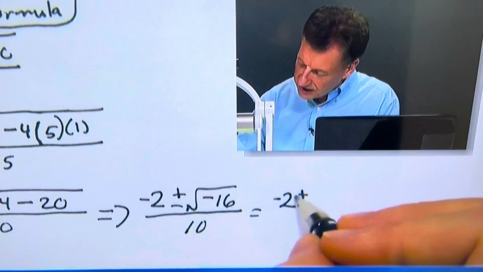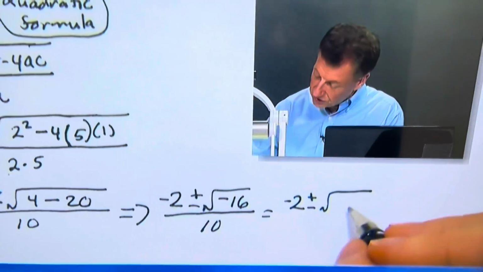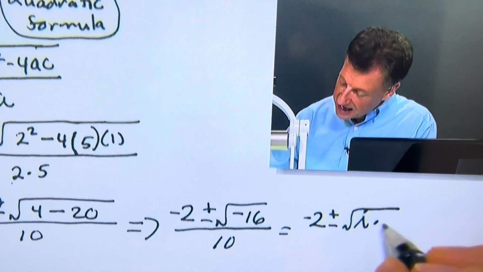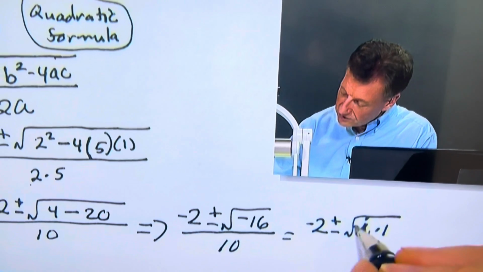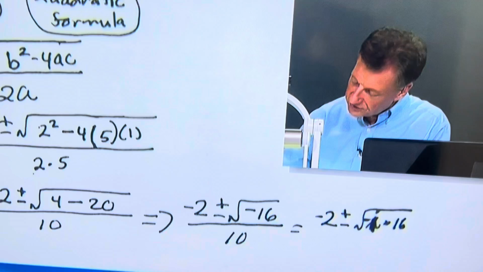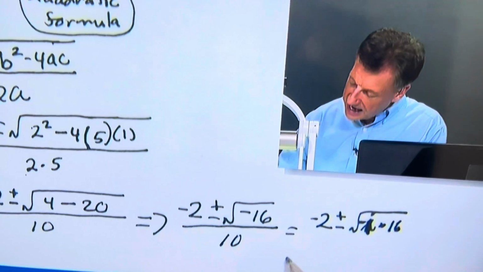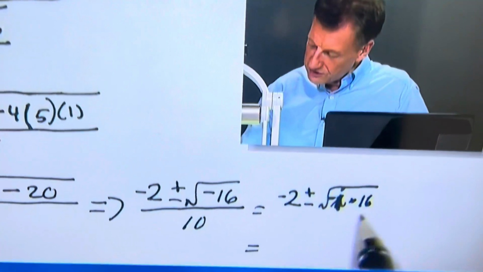So we got negative 2 plus or minus, and here's what I'm going to do. I hope I still got room written. I'm going to put this negative 1 times 16. We're going to bring i into our picture here. I was just jumping the gun, my friends. So here's what's going to happen. We can do a square root of 16.